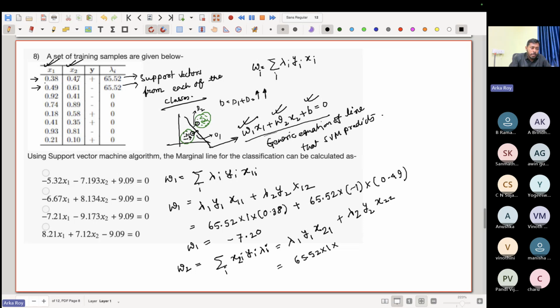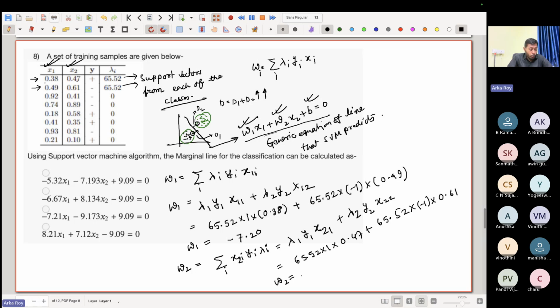So this column is basically x2. This is the first element of x2. So this is 0.47. So you can write 0.47 plus 65.52 multiplied with minus 1 multiplied with x22. So that is 0.61. Sorry.